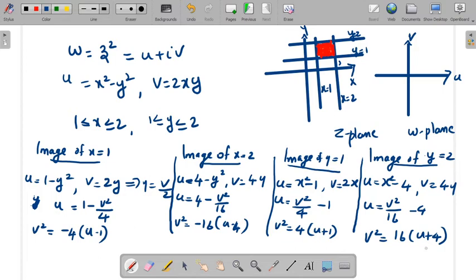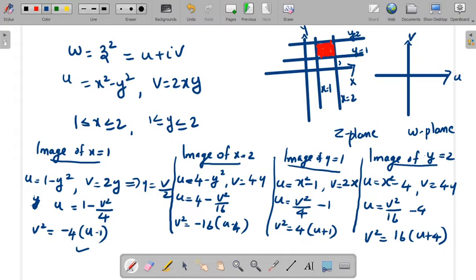So we are going to plot these curves one by one on the W plane. See the first one, v square equal to minus 4 into u minus 1, is again a parabola. The first degree term is u, second degree term is v. So the axis is the u axis. As the coefficient of u is negative, it is open towards the left.